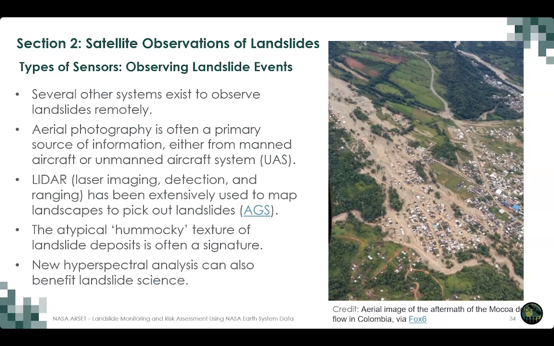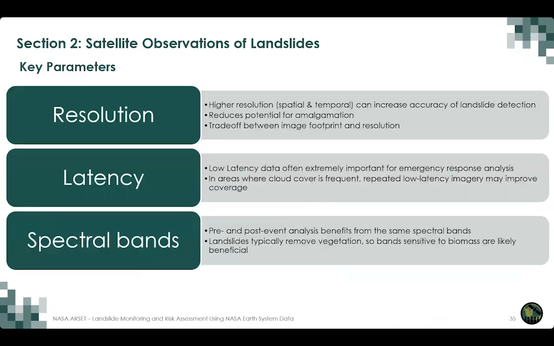And I suggest that is a novel path forward, and NASA has a number of hyperspectral satellites that are either already in orbit or are soon to be launched, and we're excited to see how we can use that in the landslide science community.